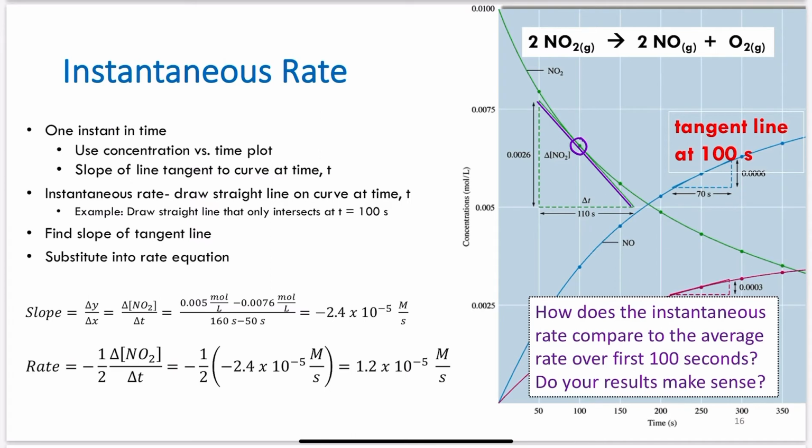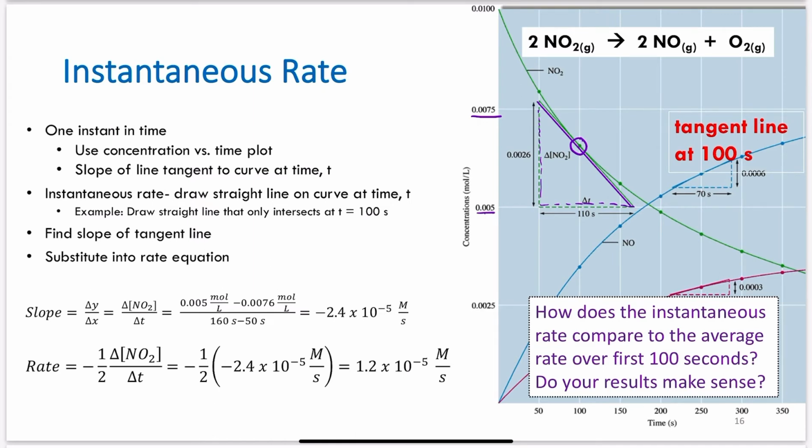How do we find the slope? Well, it's rise over run. So we find the change in concentration of the NO2 divided by the change in time. We're finishing at 0.005 molar, starting at 0.0075, or 0.0076, because that line does go just past 0.0075, I apologize.